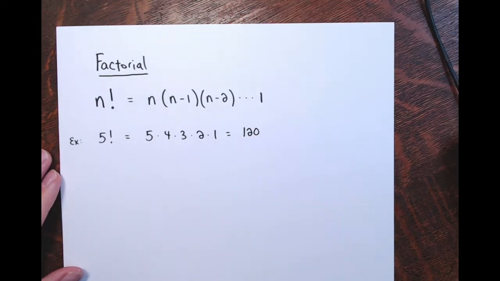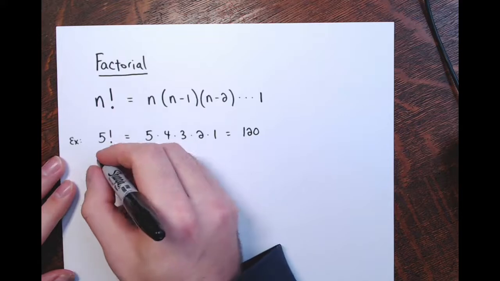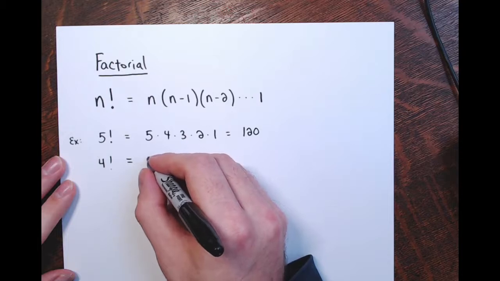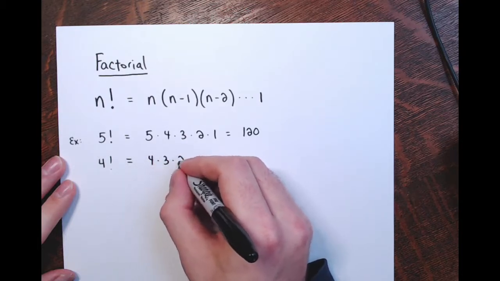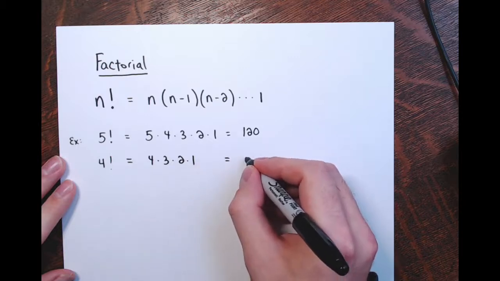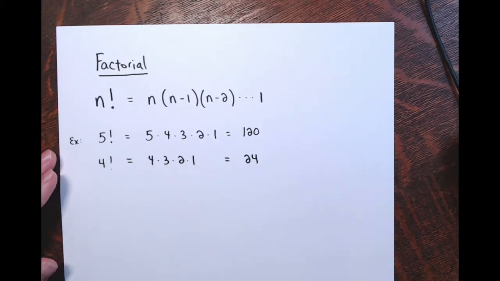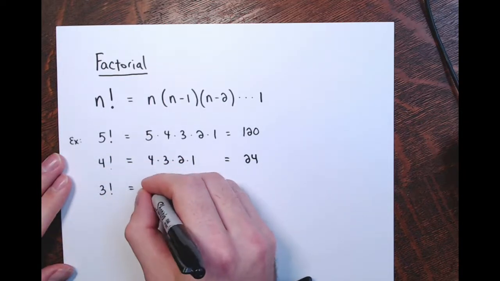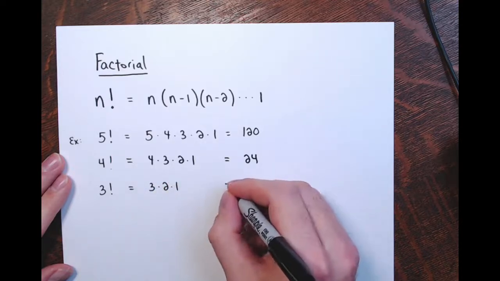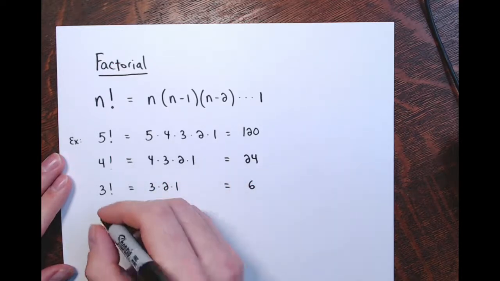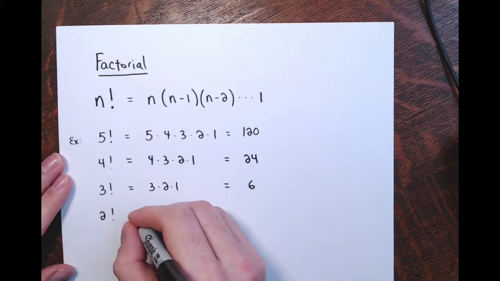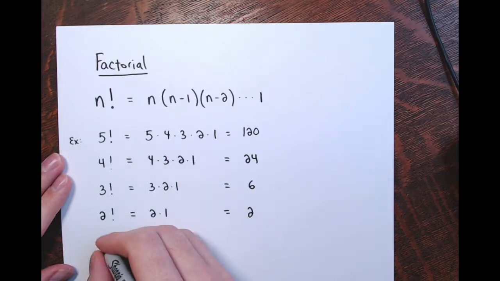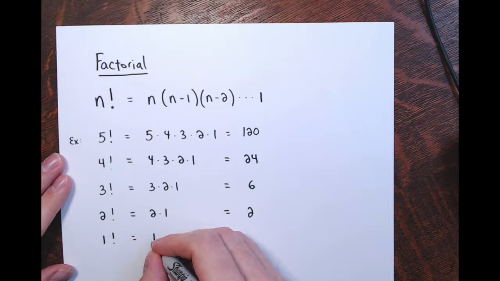So the number 5 factorial is 120. 4 factorial would just be 4 times 3 times 2 times 1, that's 24. 3 factorial is just 3 times 2 times 1, that's 6. 2 factorial is 2 times 1, that's 2. 1 factorial would just be 1.